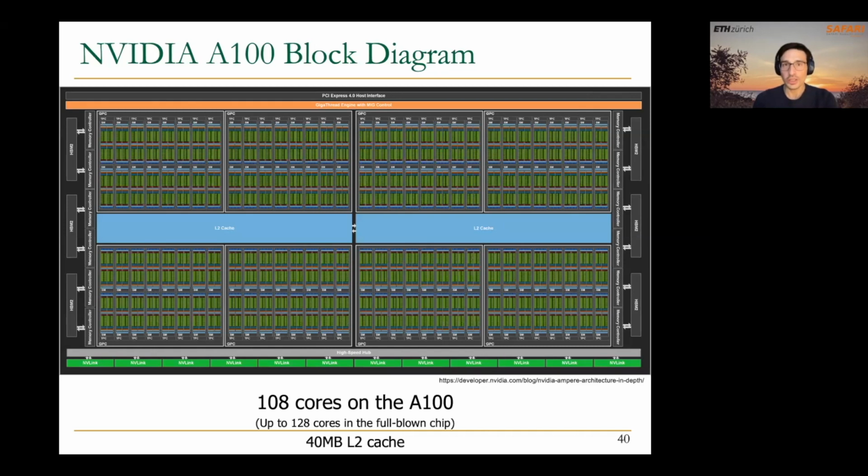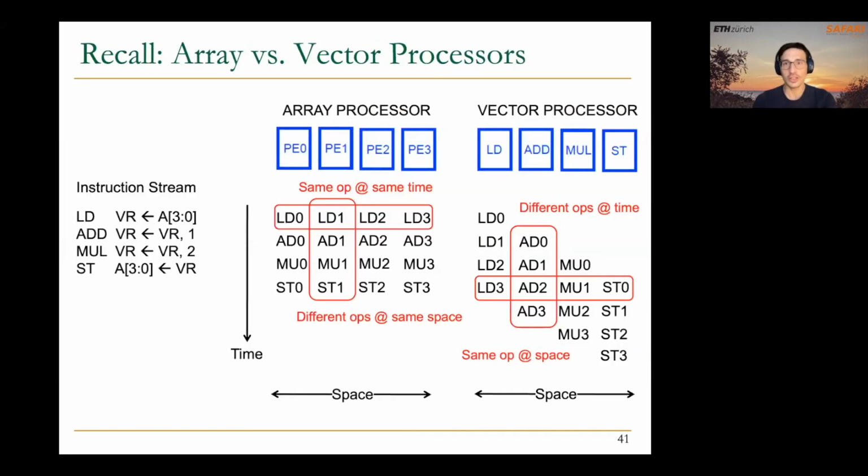But if you see this block diagram, it clearly appears to be very complex, but in reality, it's not that different from what we have seen in the beginning of these lectures, array processors and vector processors.